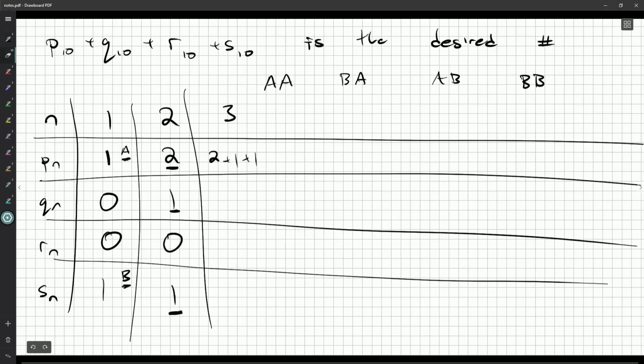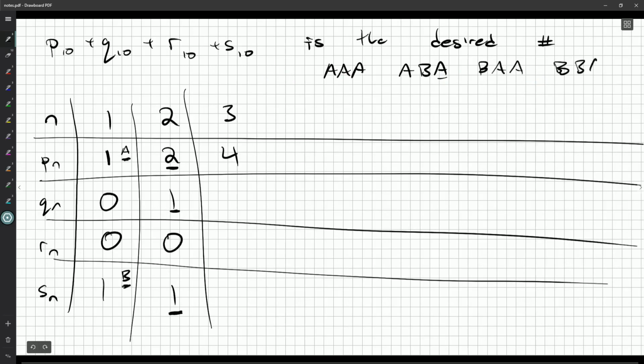So all four of these, we get 4 new words of length 3 that end in A. So you get AAA, ABA, BAA, and BBA. So there are indeed 4 that end with A there.